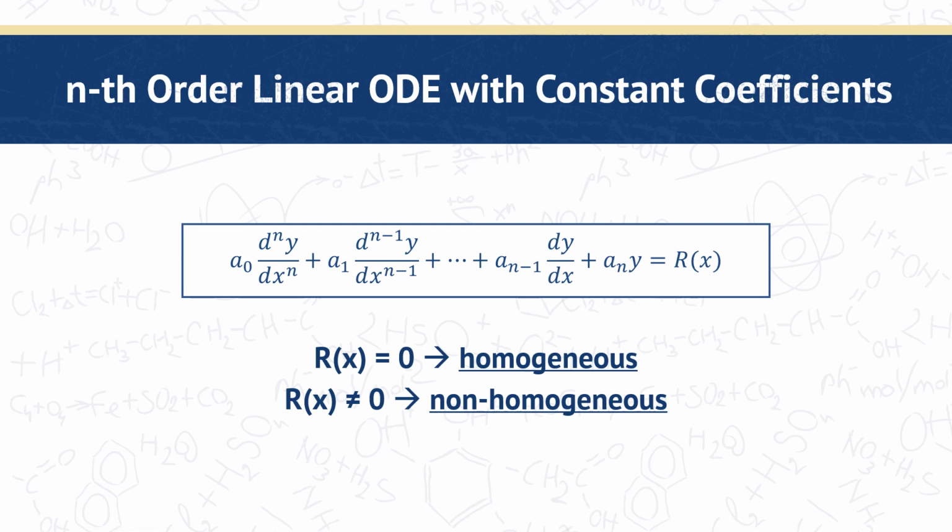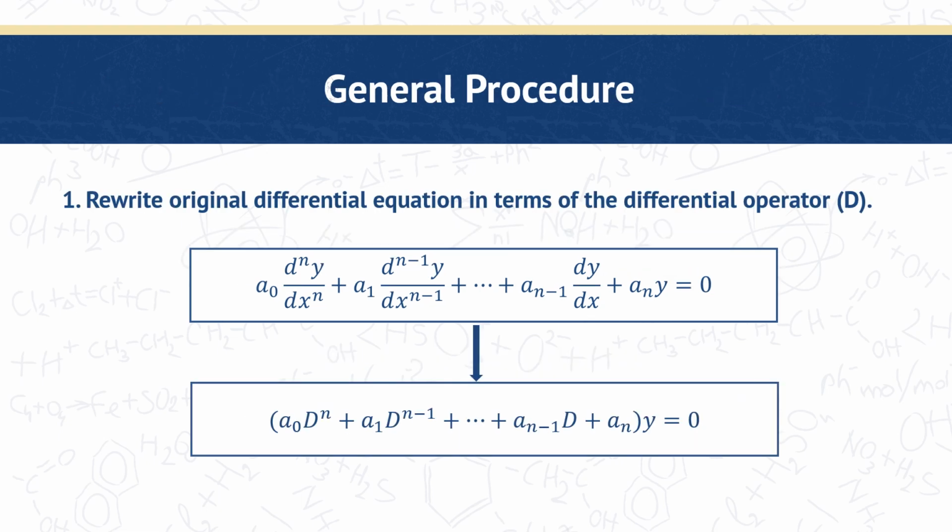Then here in this equation, a sub 0, a sub 1, and so on and so forth, those are the constant coefficients of the linear ODE. So the r of x of the equation, which we can see here as the right-hand side, tells us whether it is homogeneous or not. If r of x is equal to 0, it is homogeneous, and if it is not equal to 0, it is non-homogeneous.